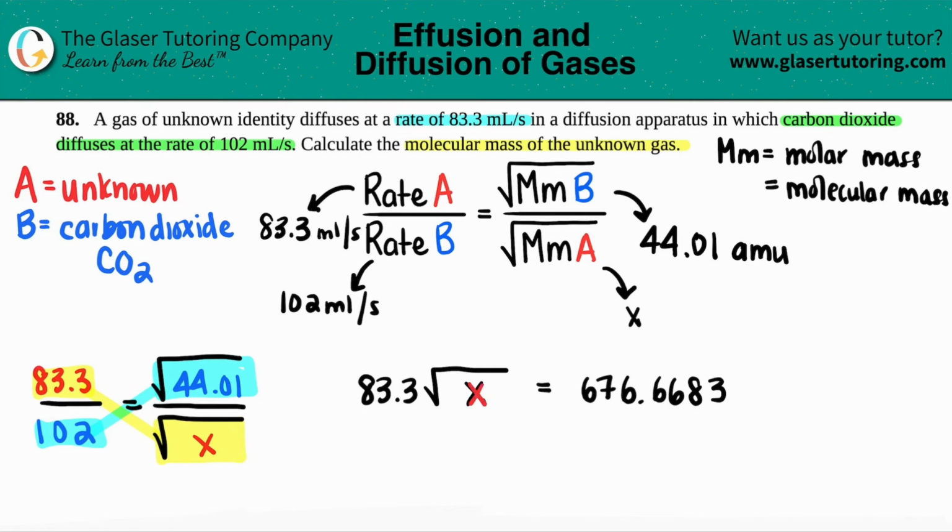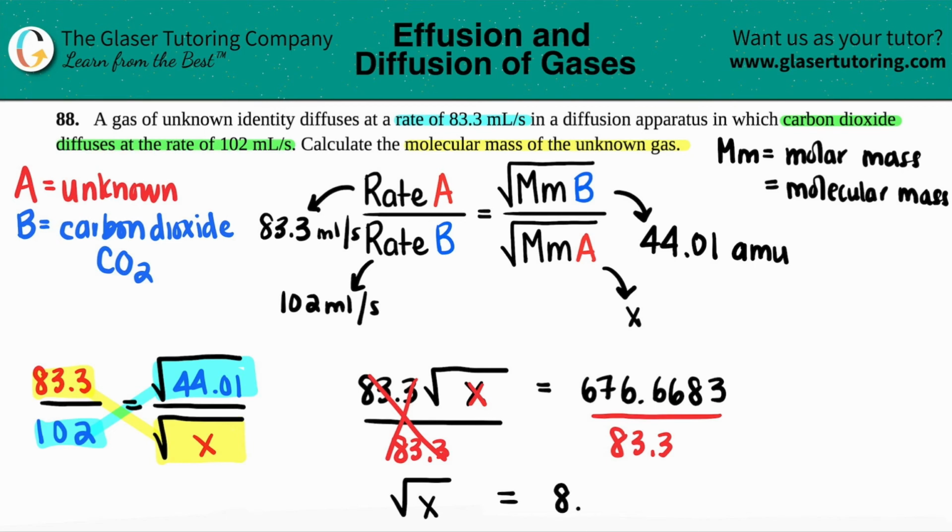It's being multiplied by this number, so I'm going to divide by 83.3. That gets rid of this, but you've got to be fair and do it on the other side too. So we're still at the square root of X equals 676.6683 divided by 83.3. Give it a few decimals.